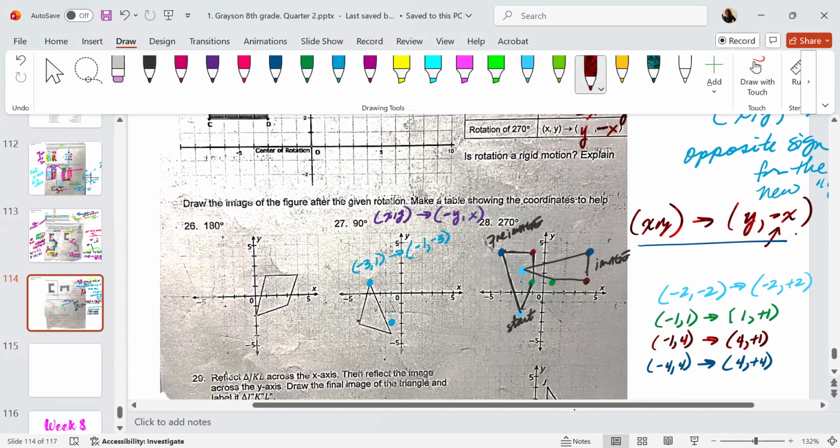Next one, I'm going to do the red point. This red point is what? The red point is (-4, -3). So if I transform it, it should be (+3, -4), correct? Yeah. Okay, then I'm going to do the green point, correct? That green point is at (-1, -4).